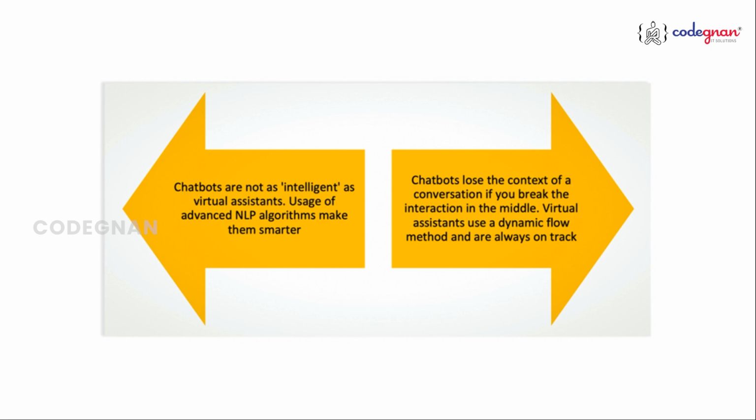But virtual assistants follow a dynamic flow and they're always on track. That's where in our particular project, with the help of Python modules, we will make our virtual assistant do that particular task. You can use the same logic and customize your virtual assistant.